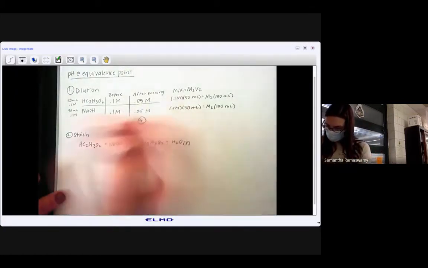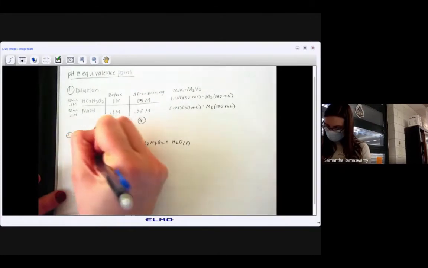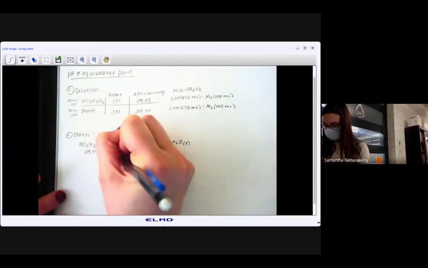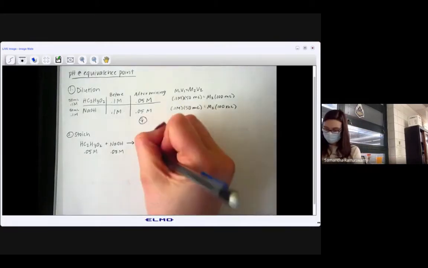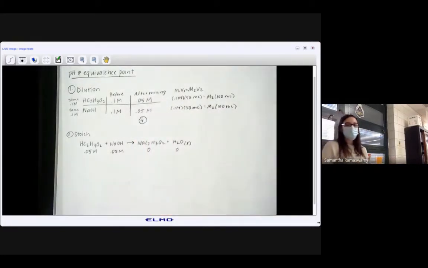I know that I have 0.05 molar of both of these. So right after I mix them together, but immediately before they react, I have 0.05 molar of each. I don't have any products because this is the stoichiometry problem. So all we have was the acetic acid and the sodium hydroxide. Is one of these limiting? Yes and no, right? They're co-limiting. They run out at the same time.